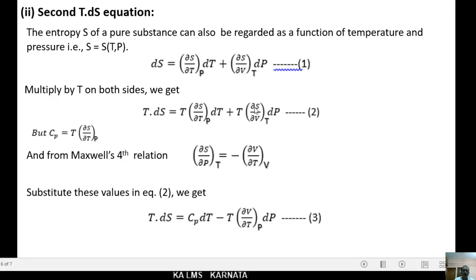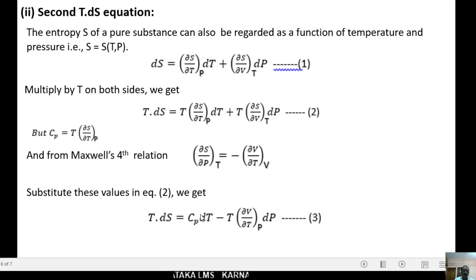In equations 1 and 2, in the denominator, you don't write V, you put P. V is replaced by P here; this is ∂S/∂P. Substituting Cp and the fourth relation in equation 2, the LHS remains the same, T dS.